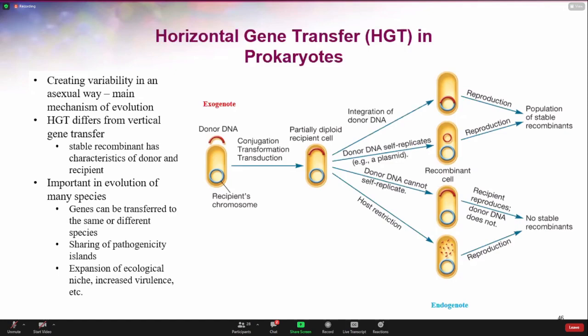Every time the process of replication occurs, the exogenous piece would be copied along with the endogenous piece, and it would be passed on to both of the daughter cells. So again, it would be stably inherited. However, if the reverse is true, if the donor DNA cannot be inserted into the genome or cannot be autonomously replicated, then it will not be passed on to all the daughter cells.